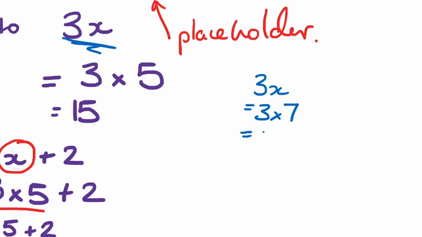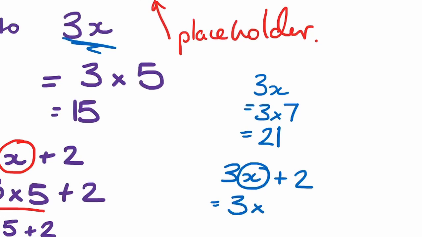And if I wanted to extend that further again, so put it into 3x plus 2. So again, it goes in the x position. Just because we've added an extra term doesn't mean that the x position is going to change. And then it's just 21 plus 2 is equal to 23.